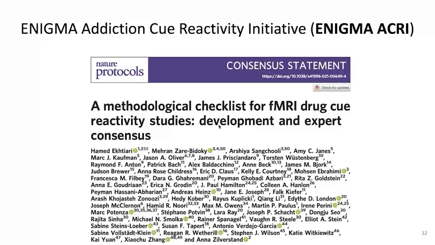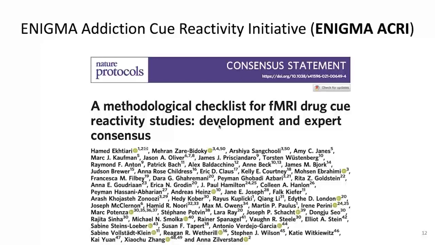And the good thing is that we have been able to put together a consortium of labs that are doing fMRI drug cue reactivity. We have already collected over 3,000 patients with fMRI drug cue reactivity data. So that is amazing, and we are extending that cue reactivity initiative.